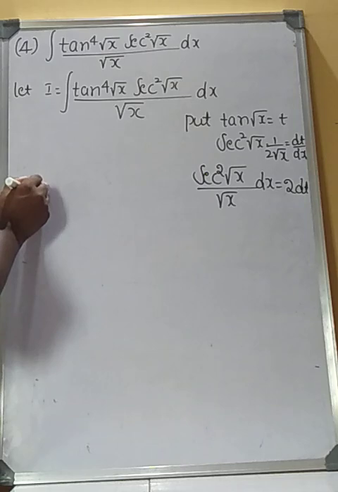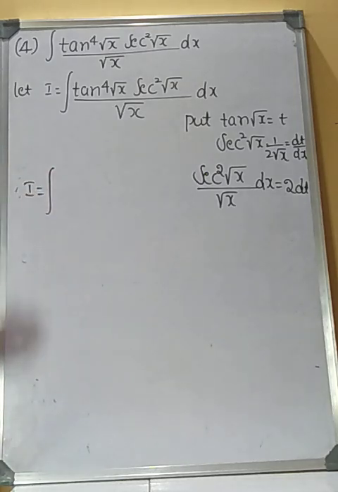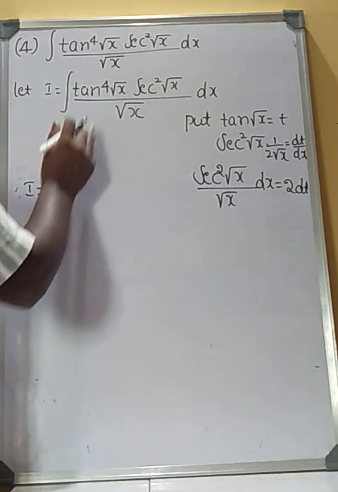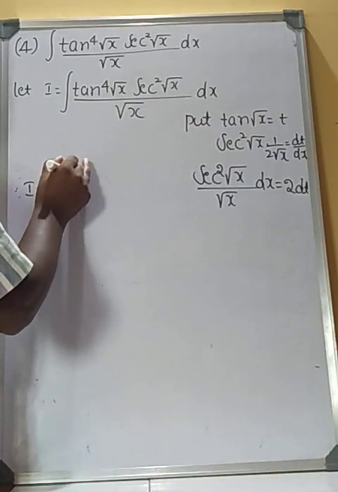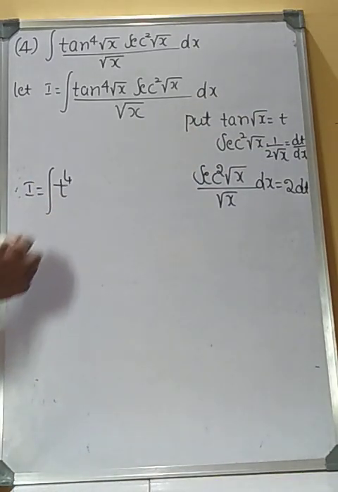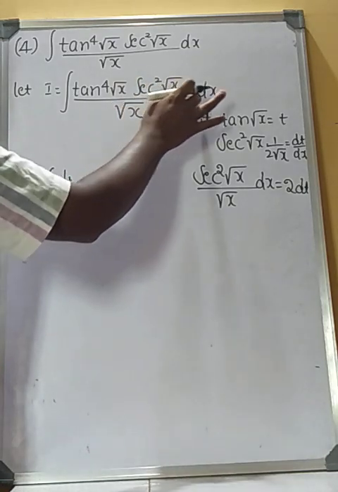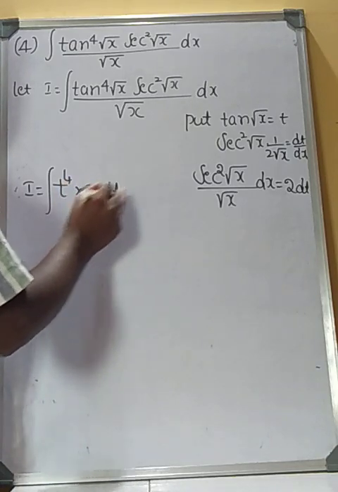So the given integral I = ∫ t^4 × sec²(√x)/√x dx, where sec²(√x)/√x dx = 2 dt.